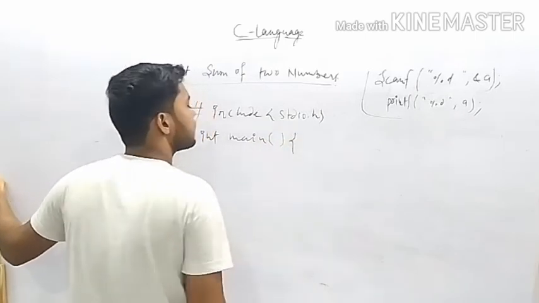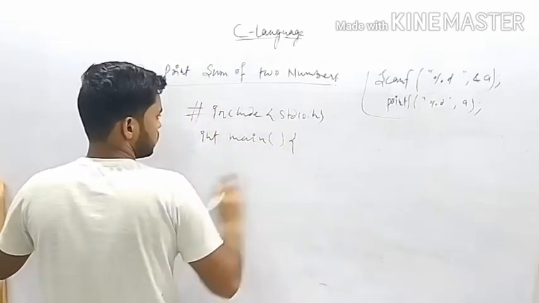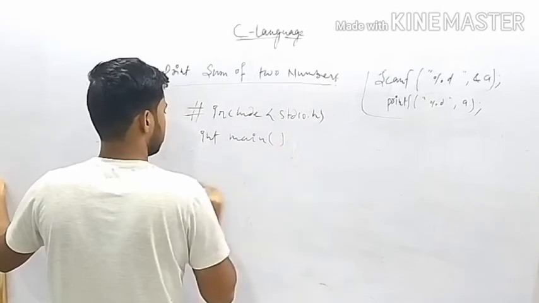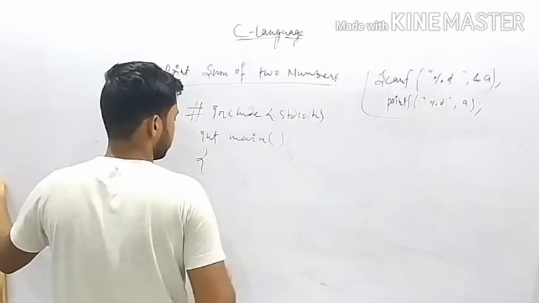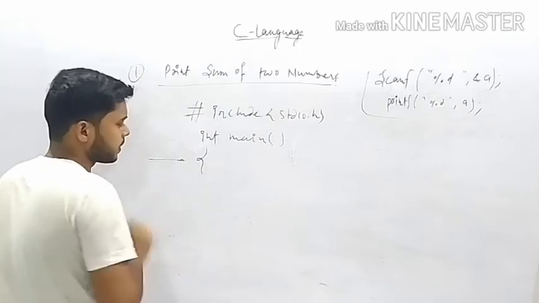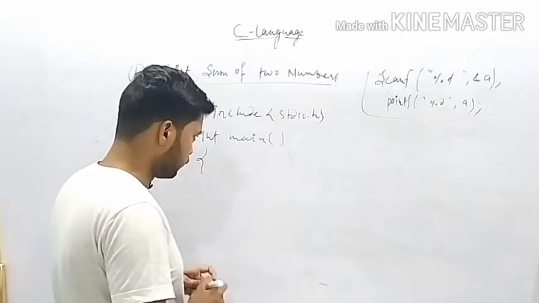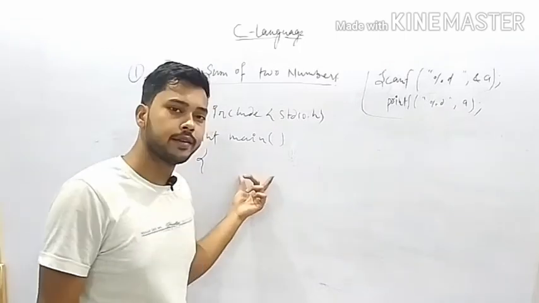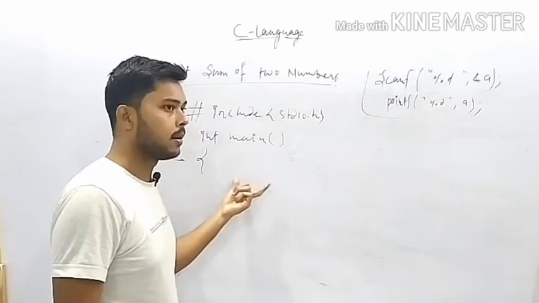We will write this bracket here. This is the opening bracket of the main function. We need to find out how many variables we will need in this program.